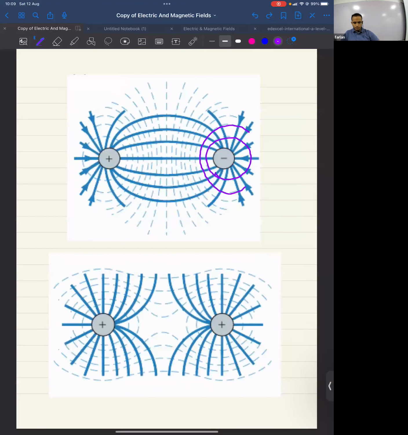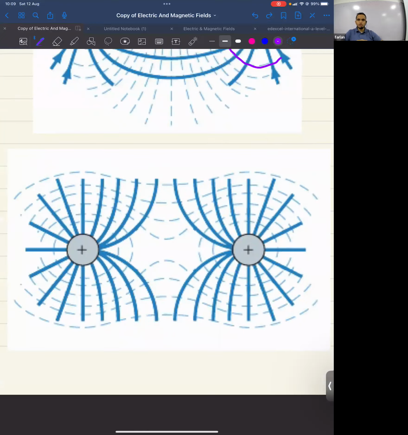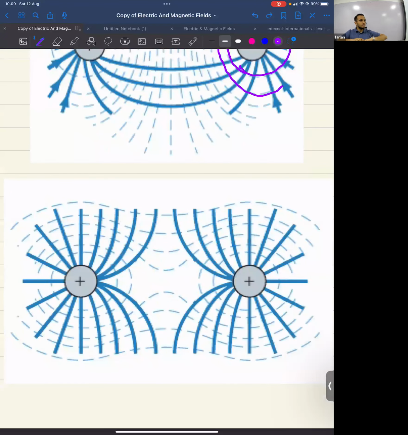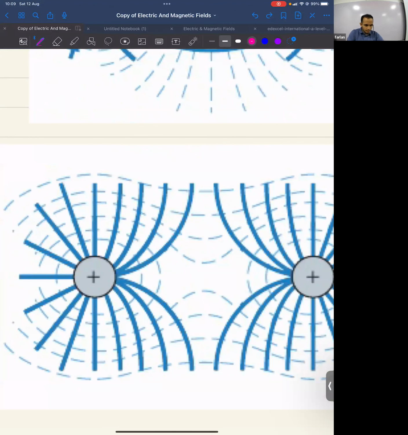Guys, for the next one, let's say both are positive. So when both are positive, the diagram is the other way around. If I take one field line, one potential line like this, on this side the distance is more compared to this side. For the very same reason, I'm not going to explain it and confuse some of you.